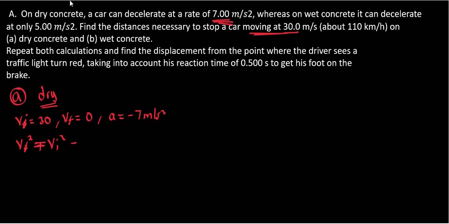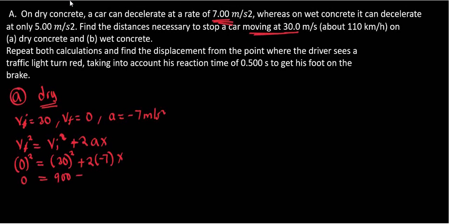That's the one that we shall use, which is v final squared equals v initial squared plus 2ax, like that. So our final velocity is 0. Initial velocity is 30 squared, which is 900, plus 2 times the acceleration, minus 7, which gives minus 14x.